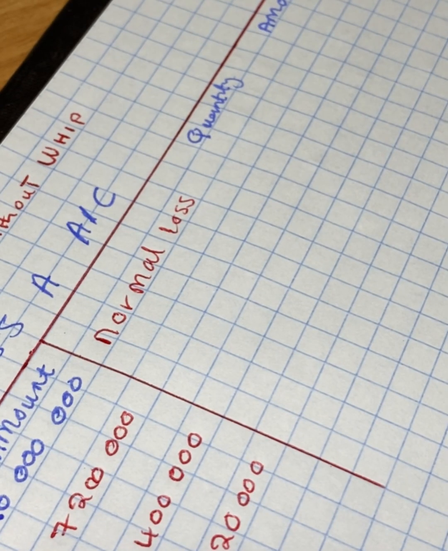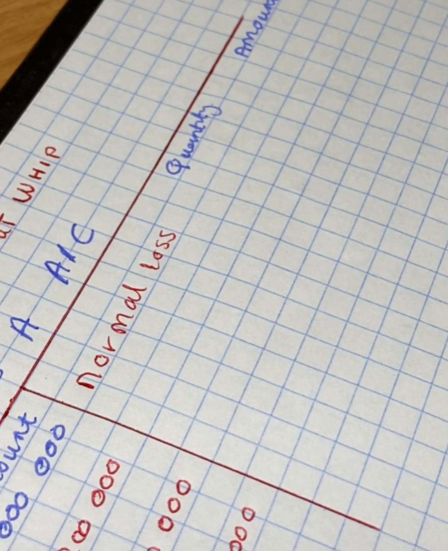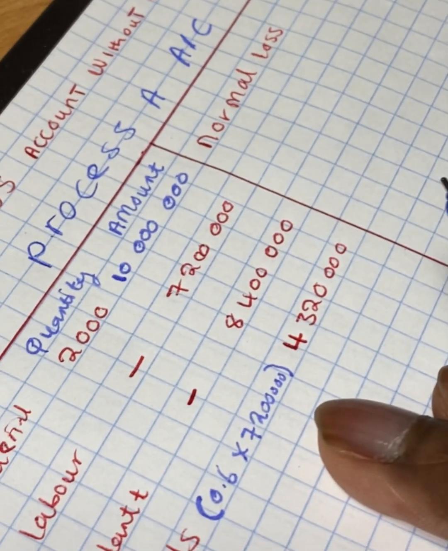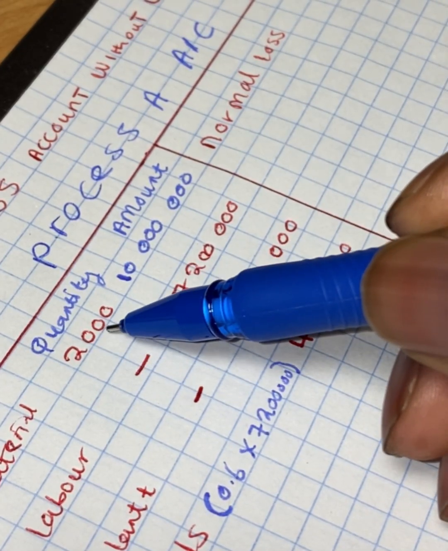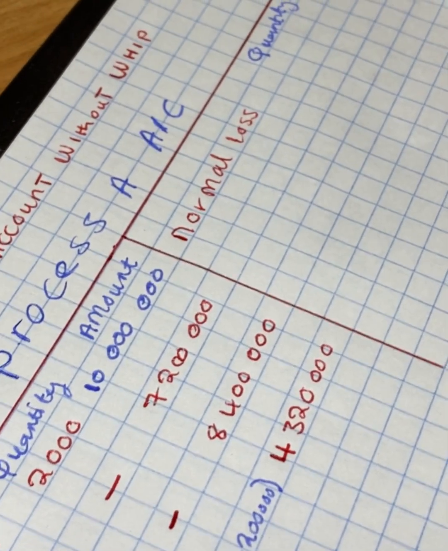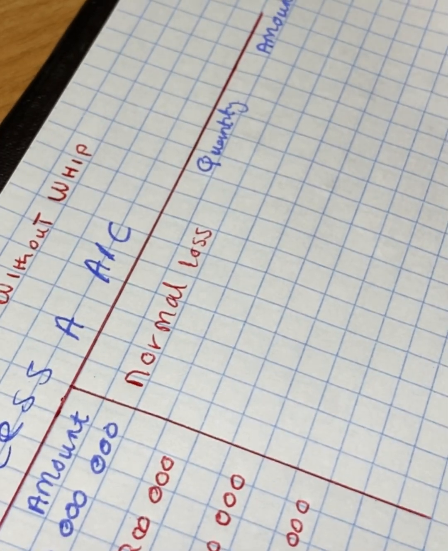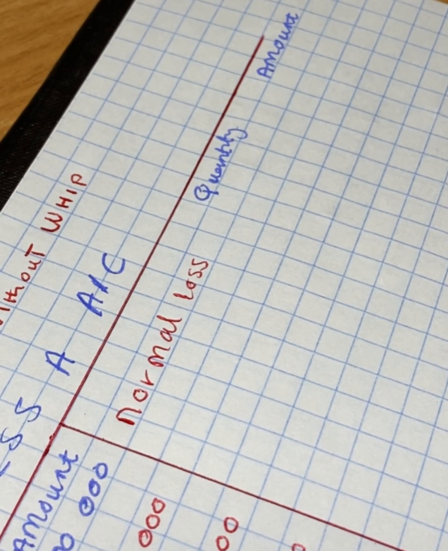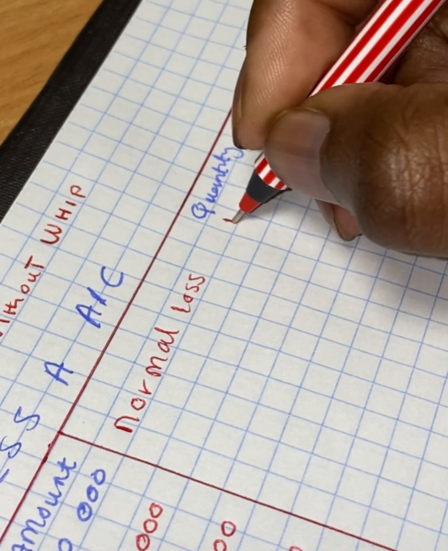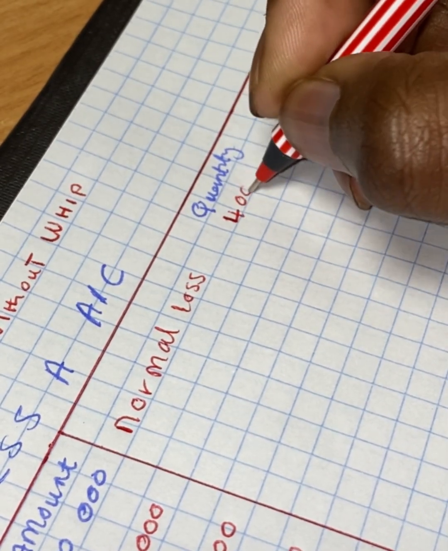For process A, we were told that we are expected to produce 80%, meaning 20% is normal loss. So we find 20% of the input in kg. The input that we have is 2,000 kg. When I punch 20 over 100 times 2,000, it's giving me 400 kg. So in terms of kg, our normal loss is 400.